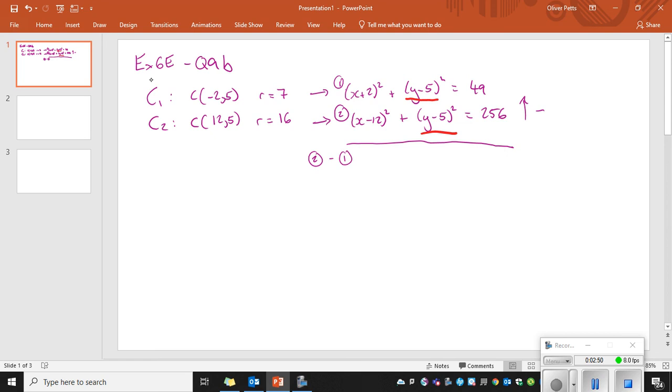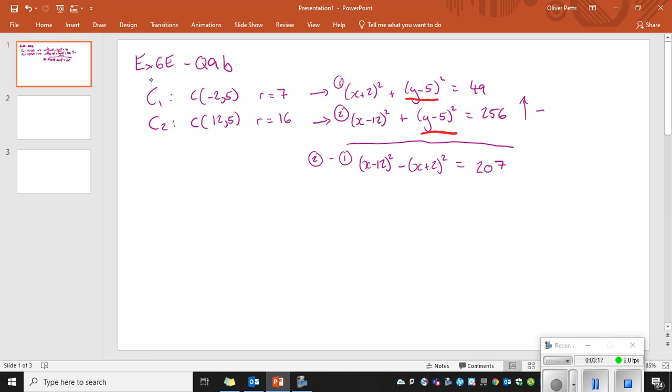What I will still have on the left hand side is x minus 12 all squared, subtracting the bracket above it, which is x plus 2 all squared. And on the right hand side, I'm going to have 256 subtract 49, so that is 207. So all of a sudden I've now got an equation that only involves x but doesn't involve y.